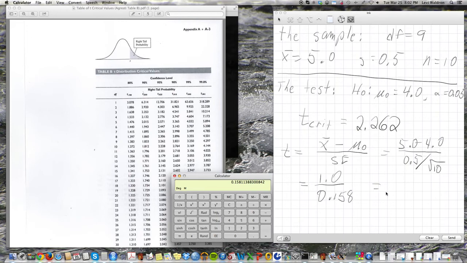Okay, I'm just going to go 1 divided by 0.158, 6.32.